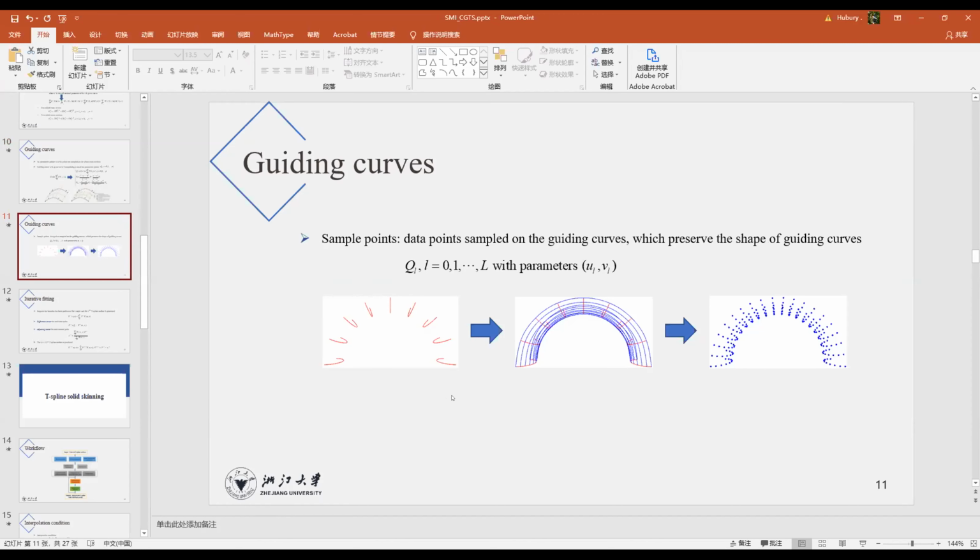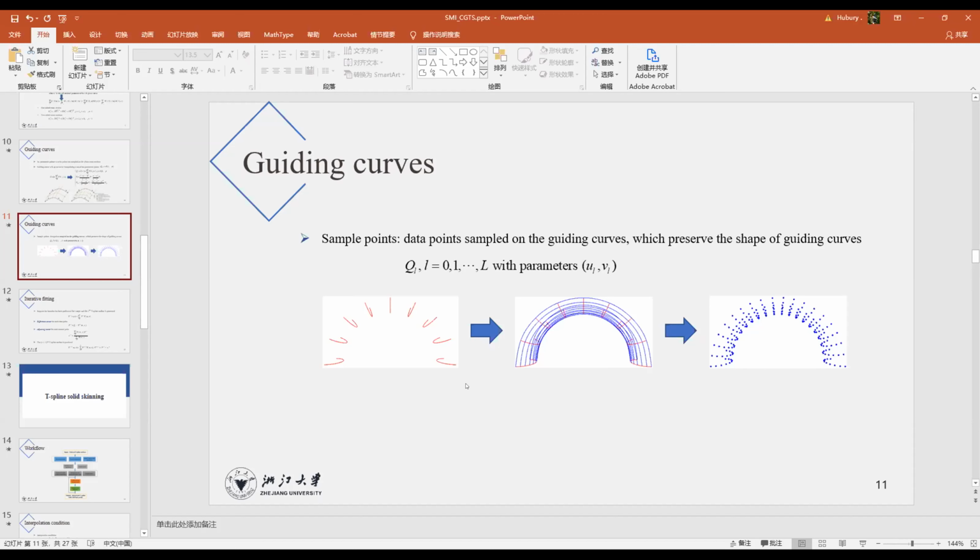Yeah. Maybe I change my question this way. Are there any constraints on this input? Maybe, are there any failure cases for this skinning method? For example, sharp features or this kind of thing.